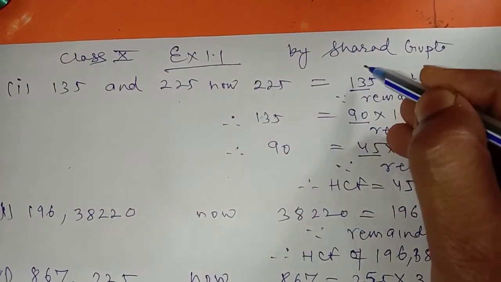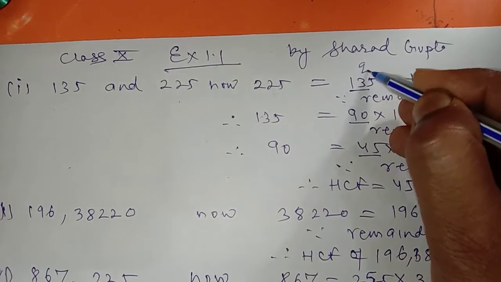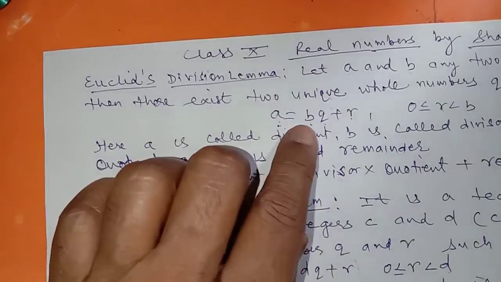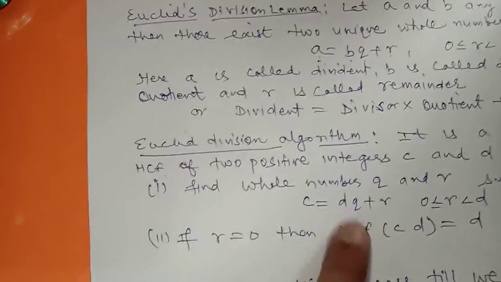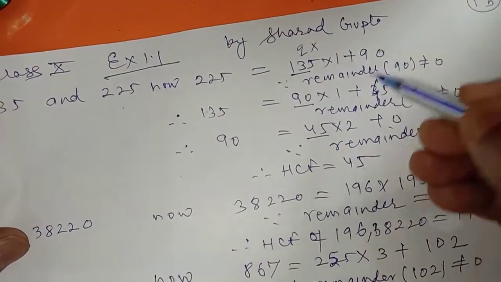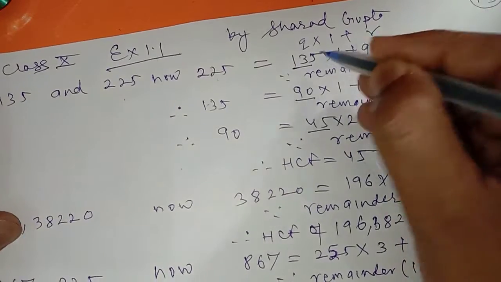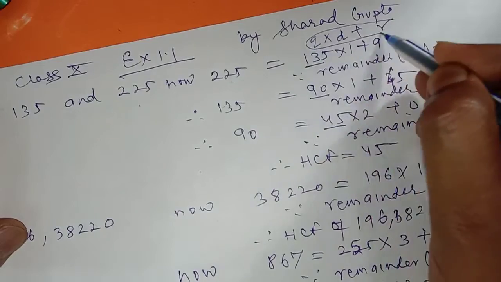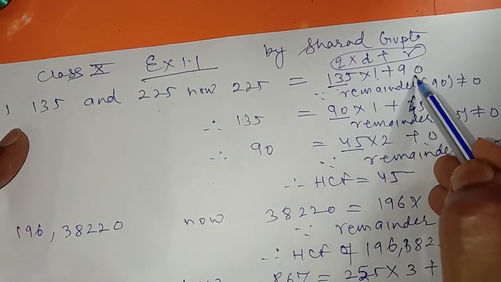So it is of the form Q into D plus remainder, because you know that if you multiply 135 by 1 and add 90 to it, you will get this.